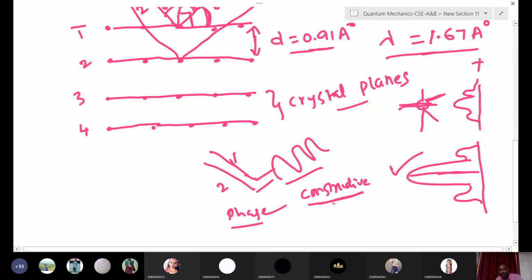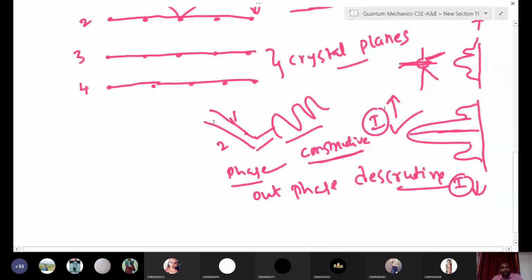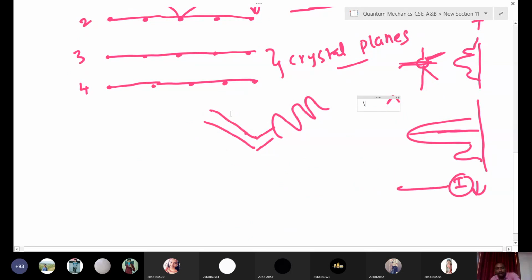Suppose they are out of phase, there is destructive interference, which means the intensity will decrease. Constructive interference, intensity will increase. Here also, when electrons are sent, an electron beam, or you can say light or whatever.